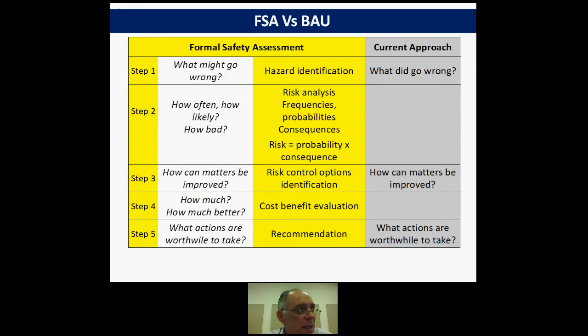In other words, we expect something to happen and then we come around and we decide how to improve the situation, how to improve this risk, which is the product of some negative occurrence, such as an accident. And then we have a recommendation of what actions to take. As I said, the so-called current or conventional approach is mainly reactive.